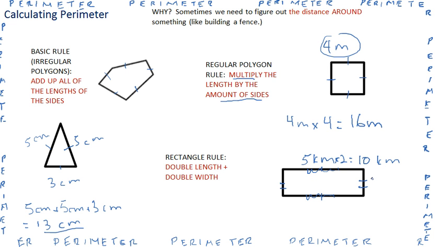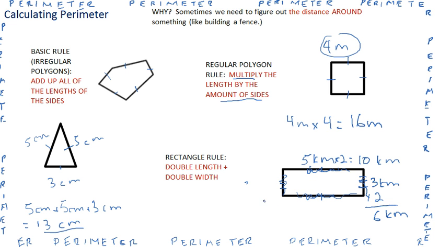This side, say for example, is 3 kilometers. And this side is 3 kilometers. I know that. I won't even write that in. We just need to double it because there's 2 of them. So 3 kilometers times 2, again, double it, equals 6 kilometers. So these 2 are 10. These 2 are 6.